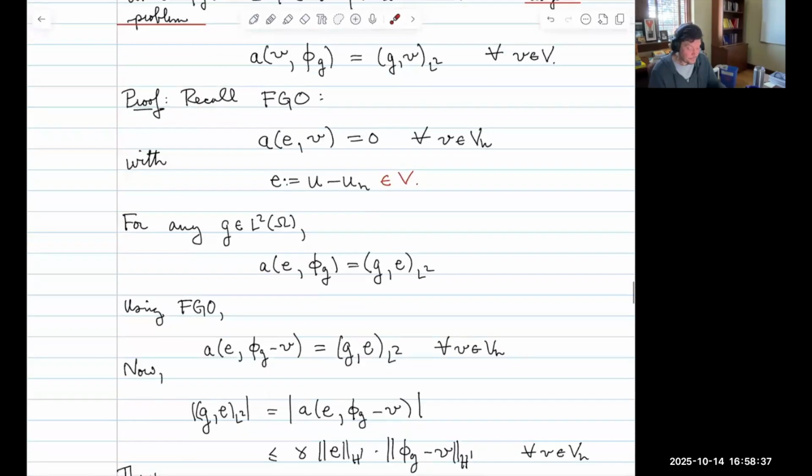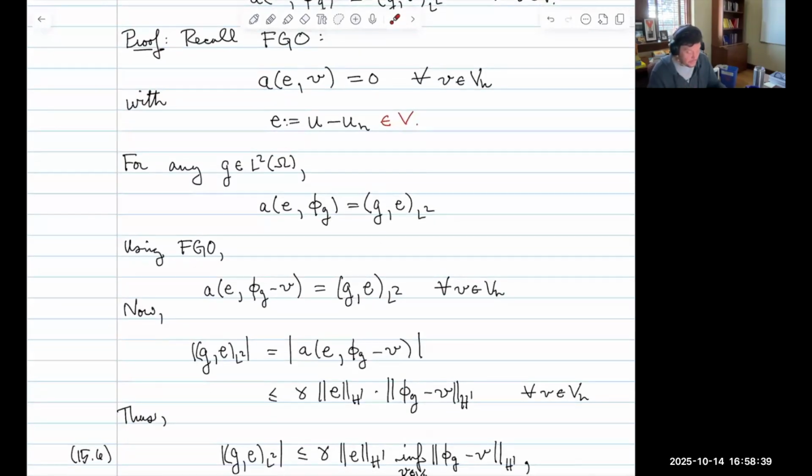Now, fundamental Galerkin orthogonality guarantees that A(E, phi g minus v) is equal to (g, E). Why is that true? We know that this portion of it is just 0.